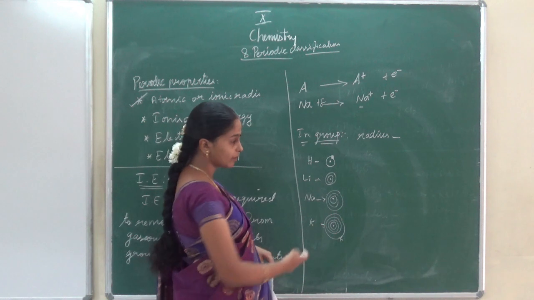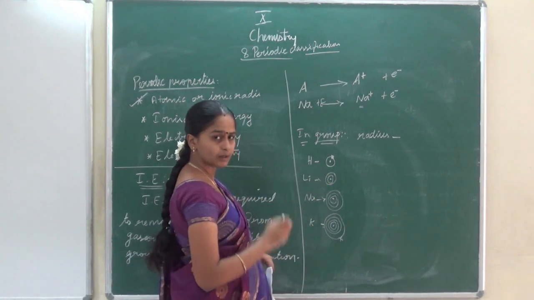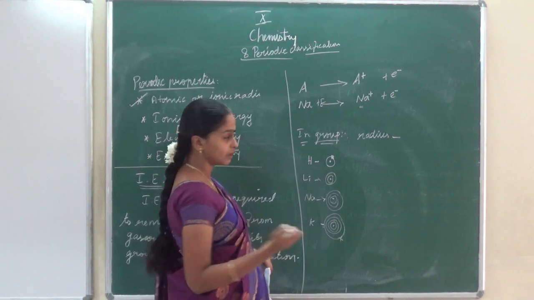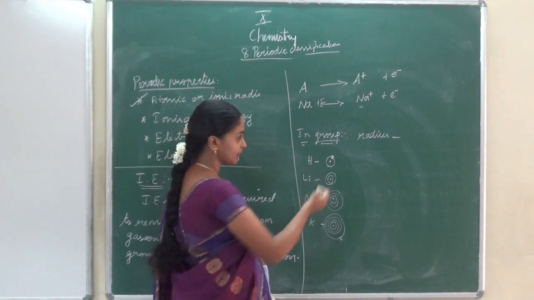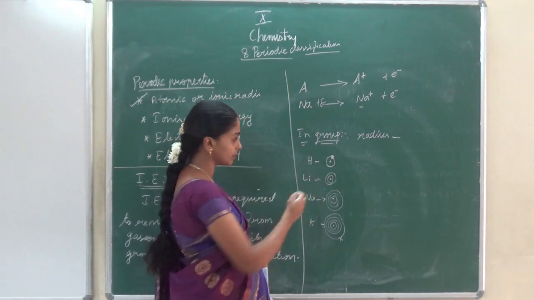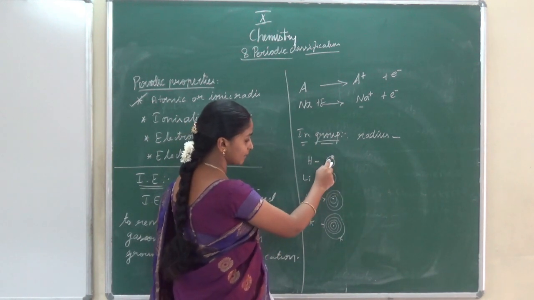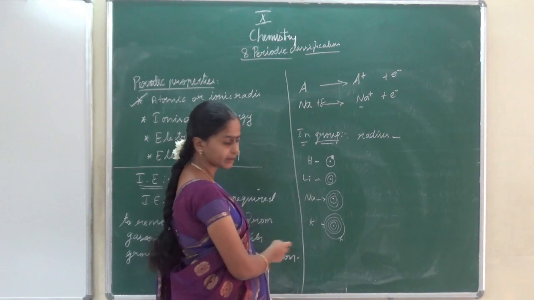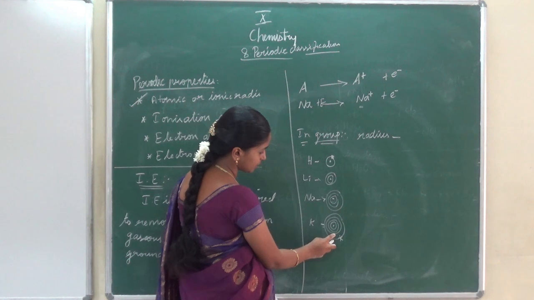Because the electron is present closer to the nucleus. Nucleus means positive, and electrons are negative, so they attract very firmly. It is very difficult to remove this electron when you compare it with potassium. In potassium, the last electron is entering the 1, 2, 3, 4th shell.